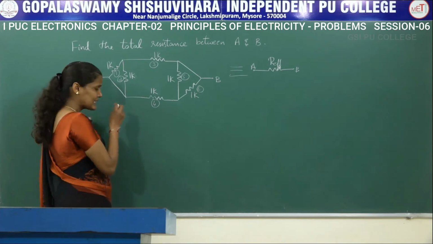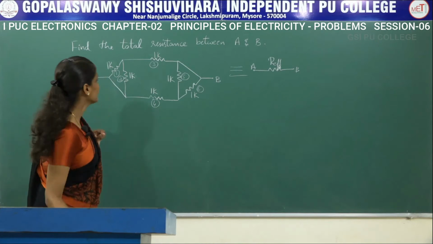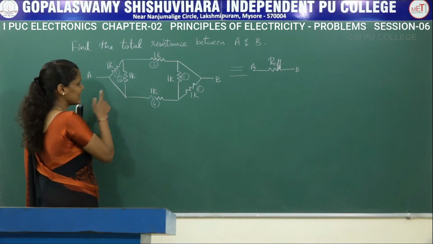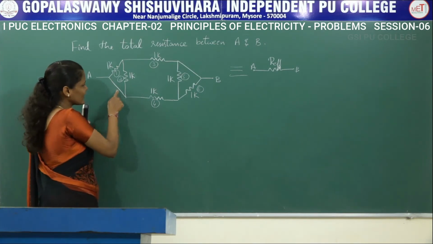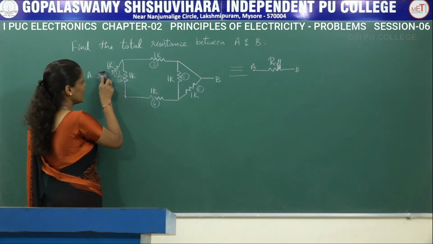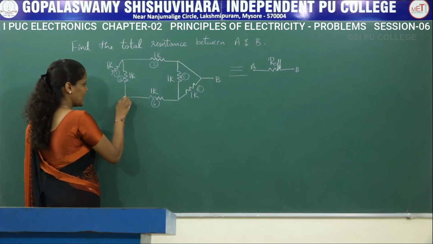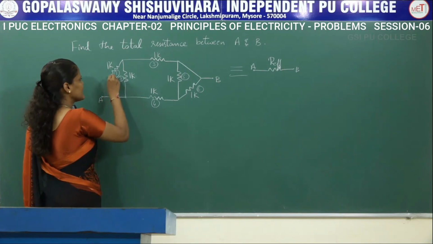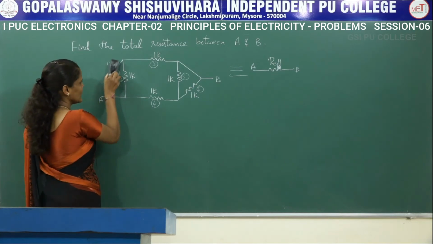I can alter this particular diagram such that here there is no particular resistor over here. This point and this point is one and the same. Just a single wire is connected. So since there is no particular connection, I can alter this particular diagram such that I am having a point A over here and this resistor is connected like this.